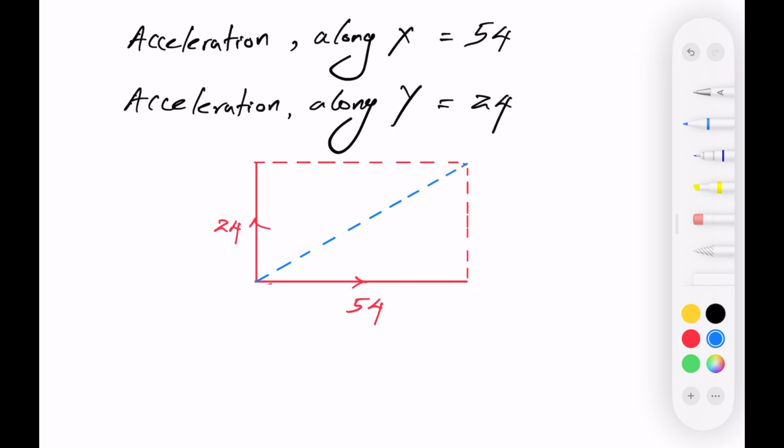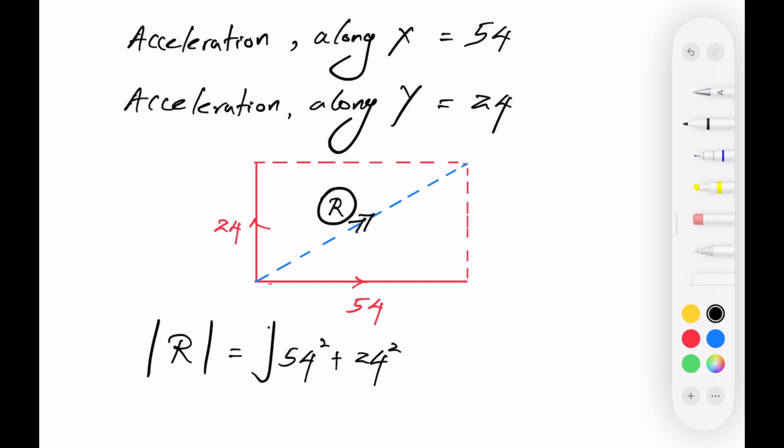You can find the length of this diagonal using the Pythagorean identity. If I write it as r, that resultant acceleration should have a magnitude of square root of 54 squared plus 24 squared. You can simplify that. You can also find the angle. Let me say this angle is equal to theta.